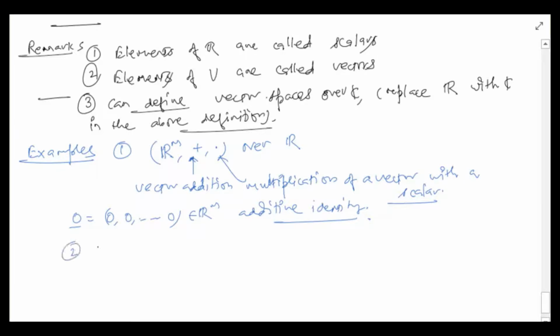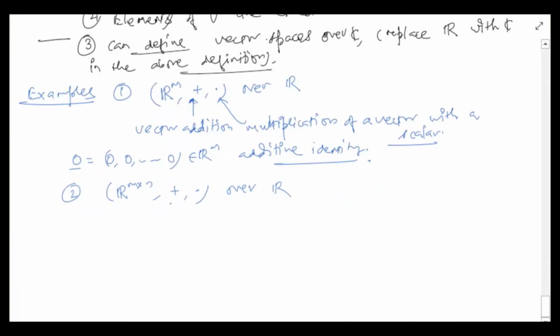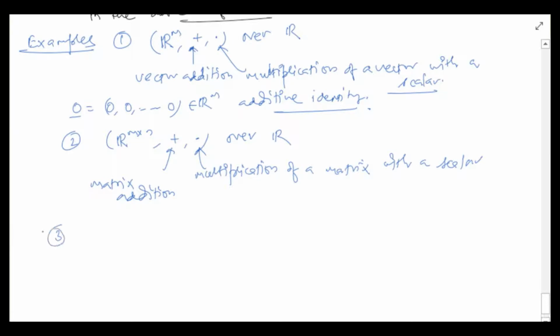The second interesting example is set of all m cross n matrices over R. Here this plus is matrix addition and this dot is multiplication of a matrix with a scalar. Let's see a few more examples.